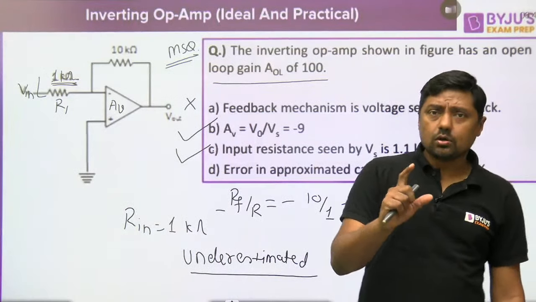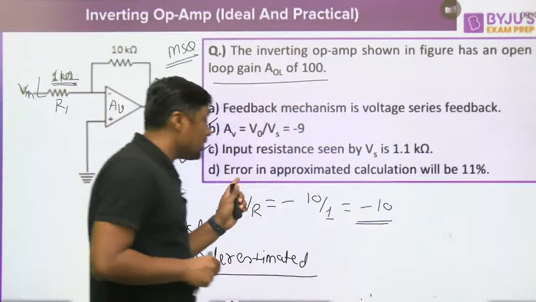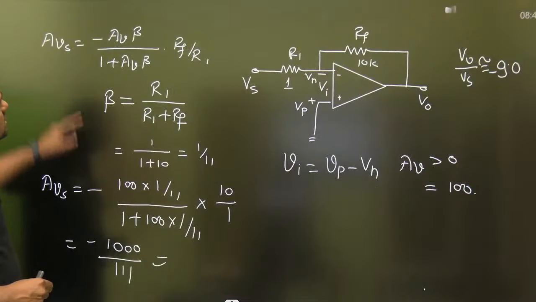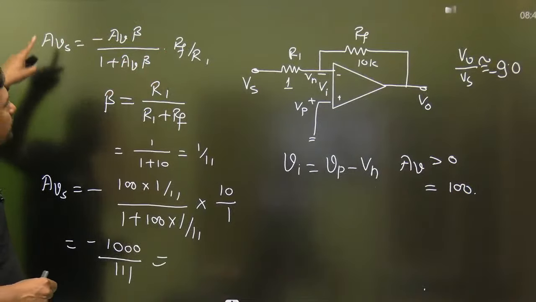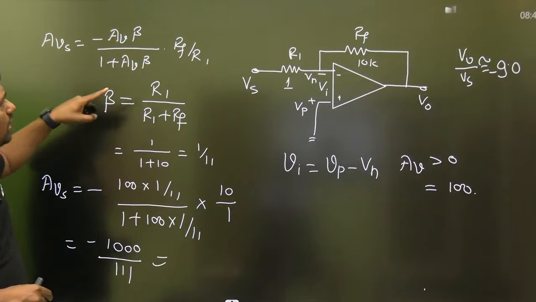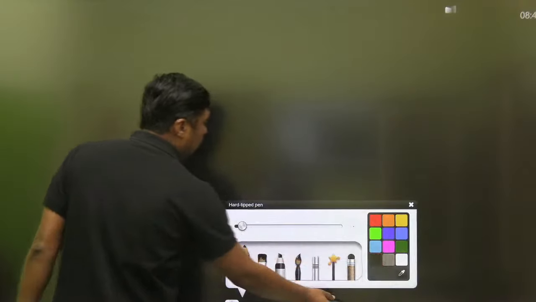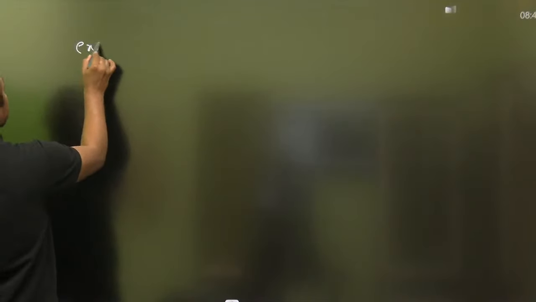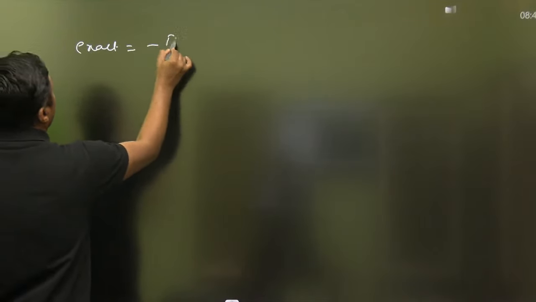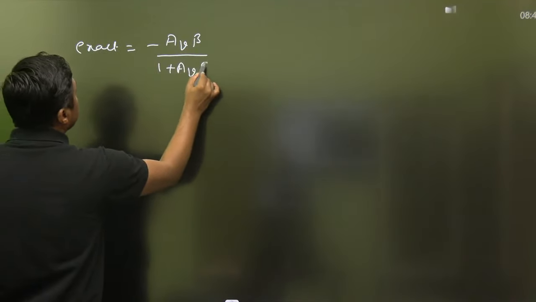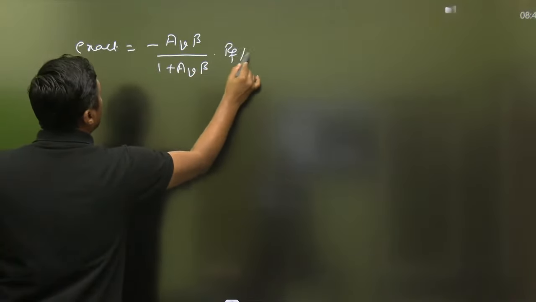The third thing asked on the inverting operational amplifier: what is the error in the approximate calculation? So my dear students, this is the exact formula, minus AV beta upon 1 plus AV beta into RF by R1, and RF by R1 is the approximate formula.